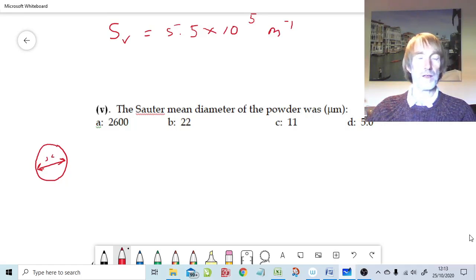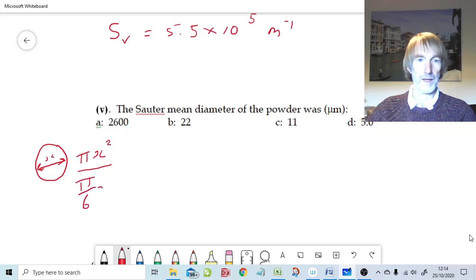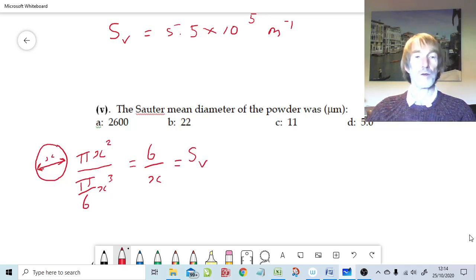Okay, so we need the surface area of a sphere, which is pi x squared, and we need to divide by the volume of a sphere, which is pi over 6 x cubed. And by the time you cancel the pi's out and two of the x's, that gives you 6 over x. So SV, the specific surface area of a sphere, is equal to 6 divided by its diameter.